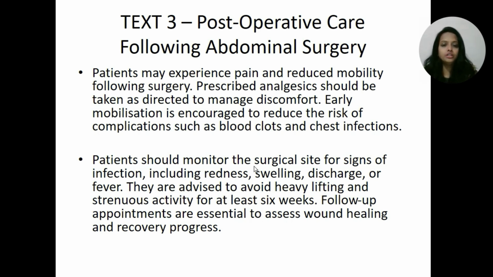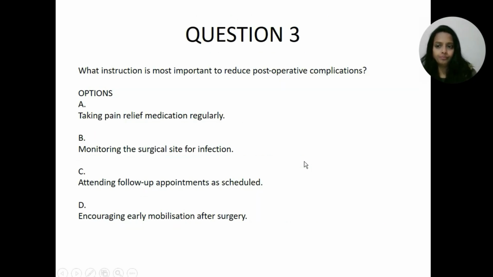Patients should monitor the surgical site for signs of infection, including redness, swelling, discharge, or fever. They are advised to avoid heavy lifting and strenuous activity for at least 6 weeks. Follow-up appointments are essential to assess wound healing and recovery process. Now let's move on to the question here. What instruction is most important to reduce post-operative complications?